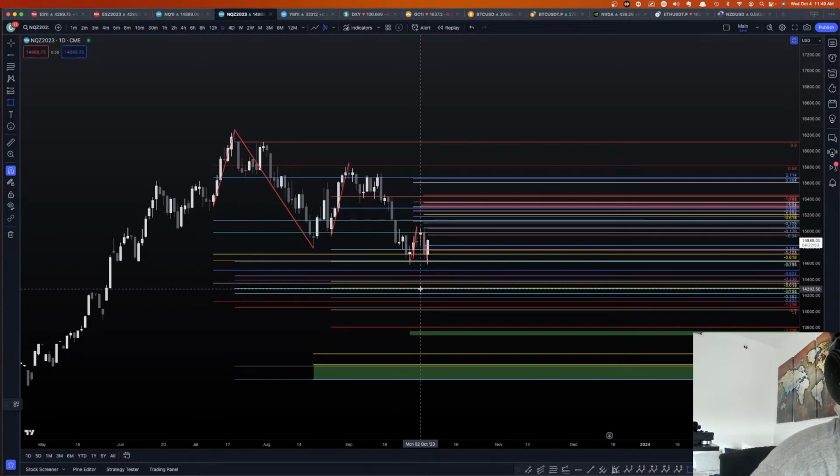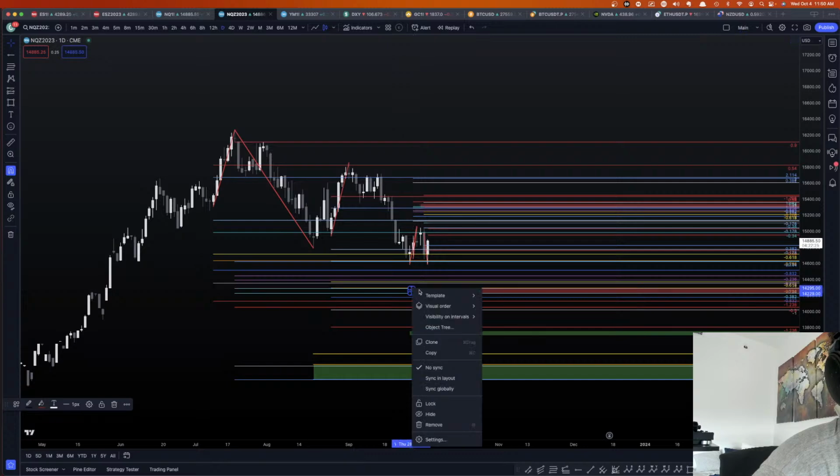So that 706 lines up with a 3-4 of this corrective pull. I'd probably mark that out.